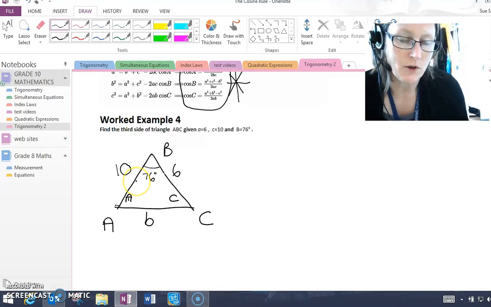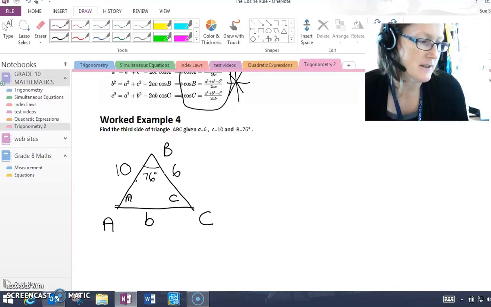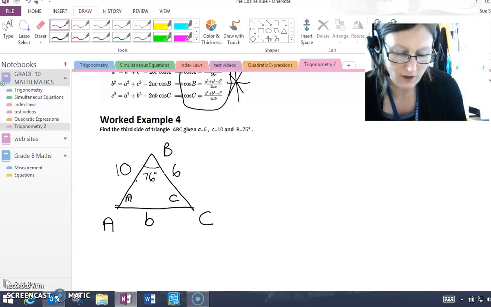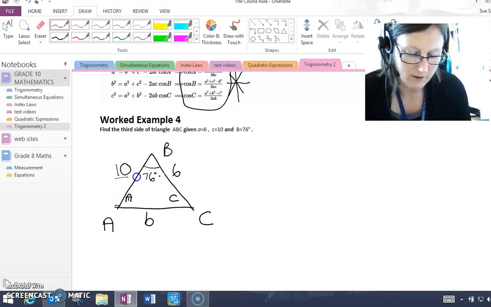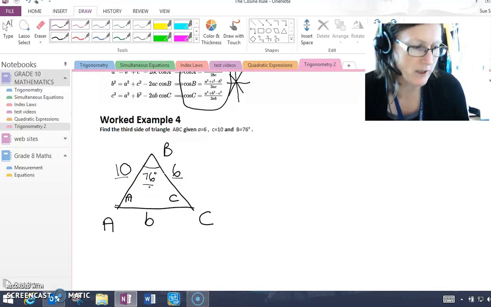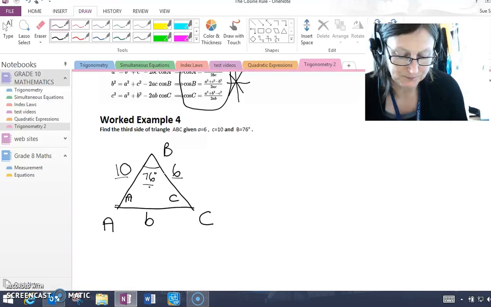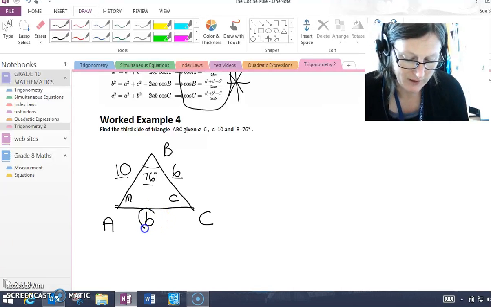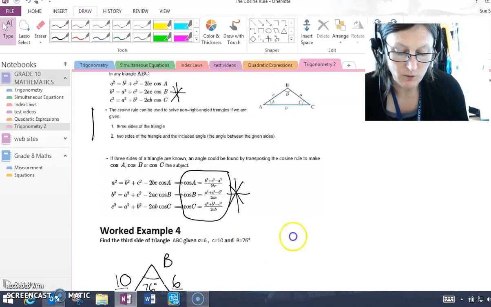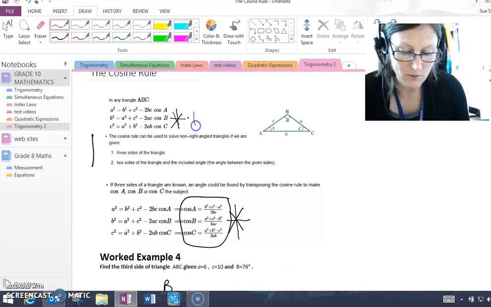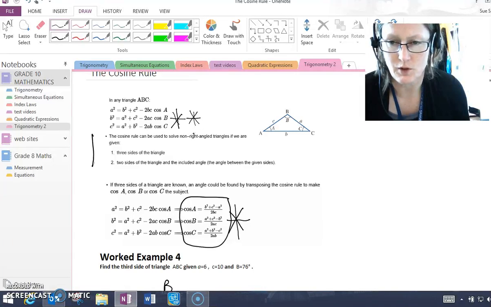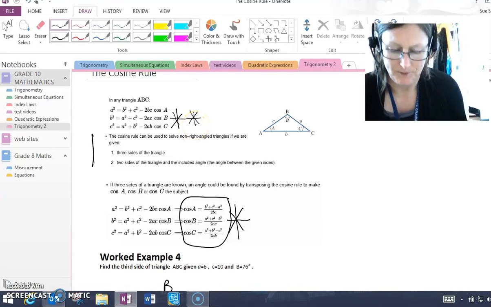So we would use the cosine rule here because this is an example where we have two sides of the triangle, 1, 2, and the included angle, the angle between those two sides. We've been asked to find the third side, so we would use this form of the cosine rule. This is the form that you use when you are trying to find a side.